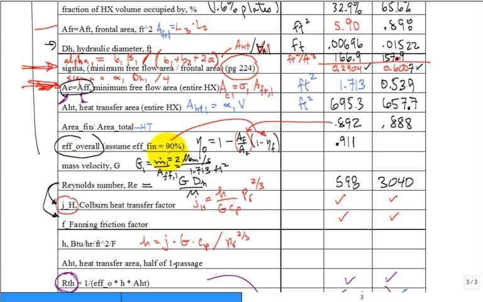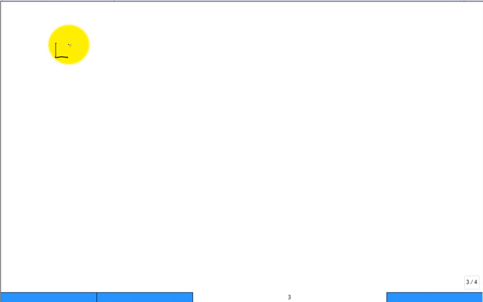Maybe that was a little short-sighted. I need more space, so I'm going to insert a new page. The length of the fin, which is the passageway divided by 2. If I look at it, these fins pretty much are like this, and then they're brazed to this plate and brazed to that plate.